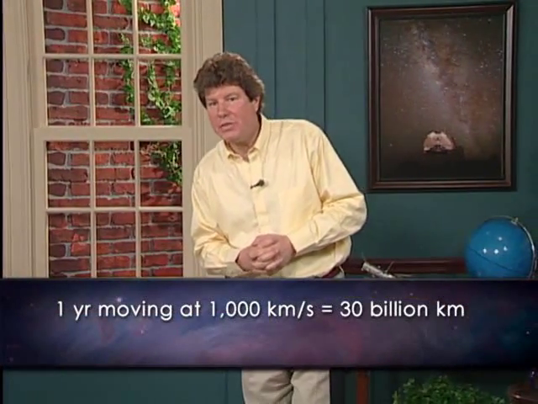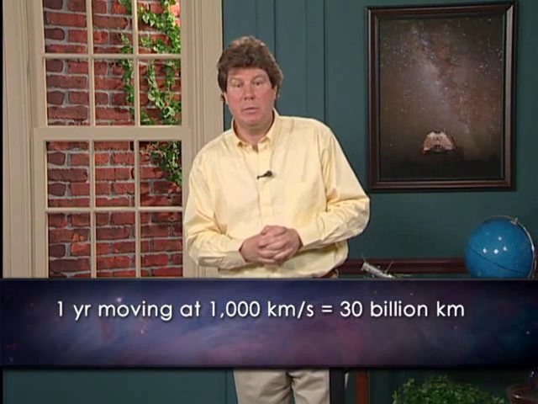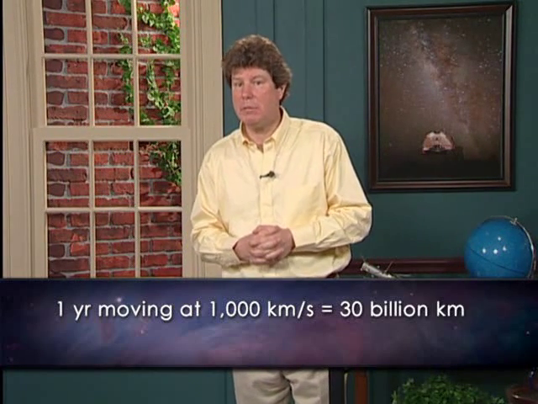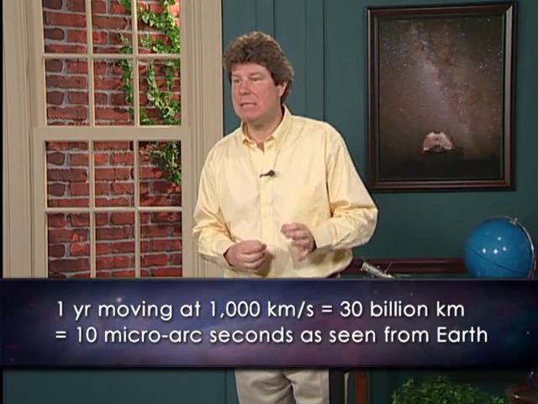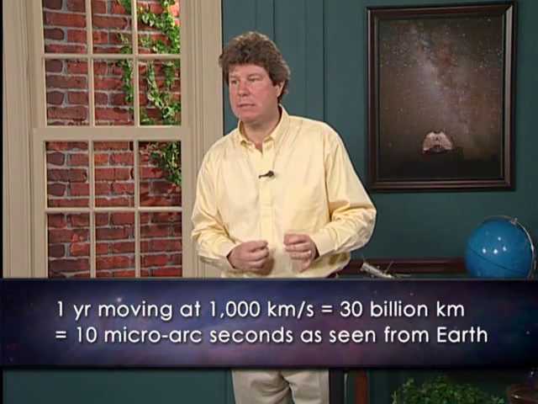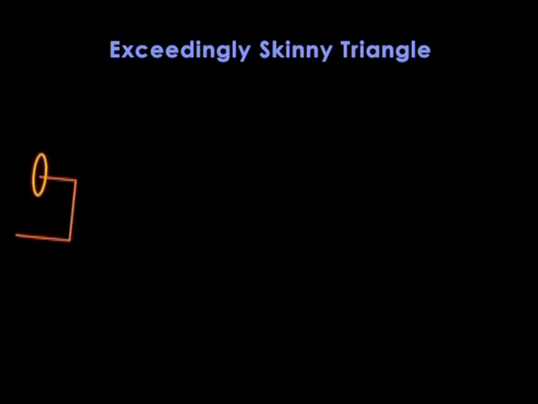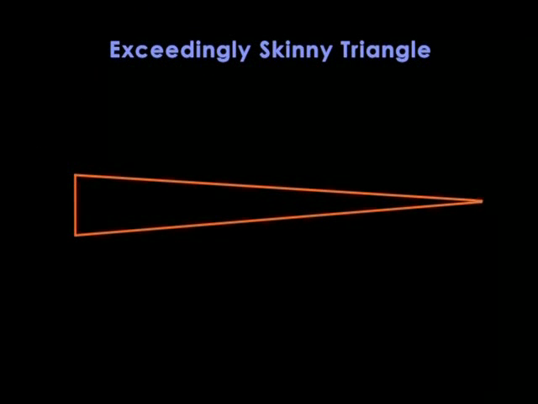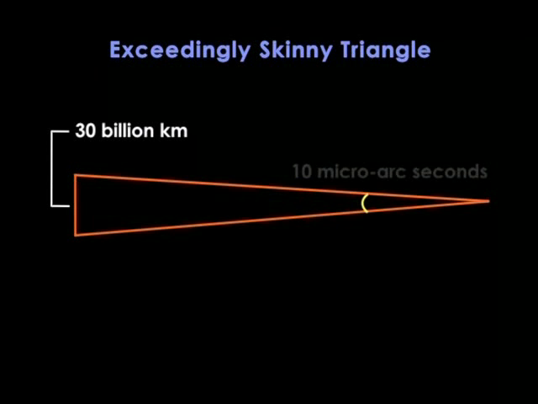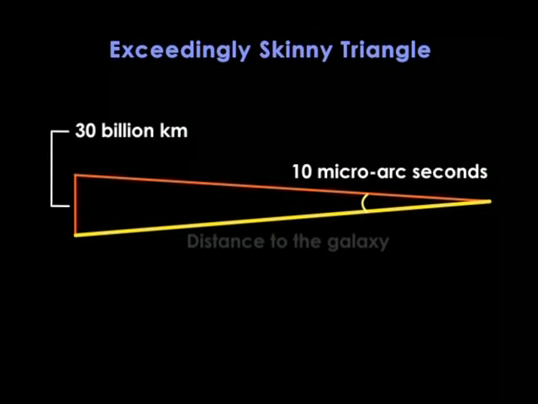Since these two blobs have the same speed, then a year moving at 1,000 kilometers per second, which is about 30 billion kilometers, is the same as 10 micro arc seconds as seen from the Earth. So we have an exceedingly skinny triangle with a base of 30 billion kilometers and an angle of 10 micro arc seconds. Bingo! We have the distance to the galaxy.